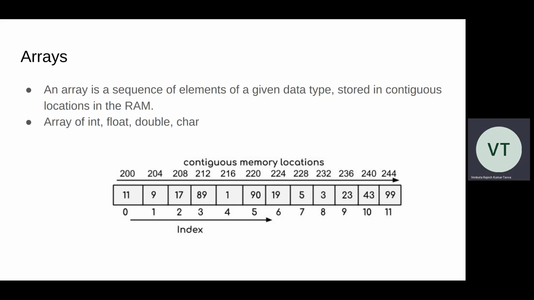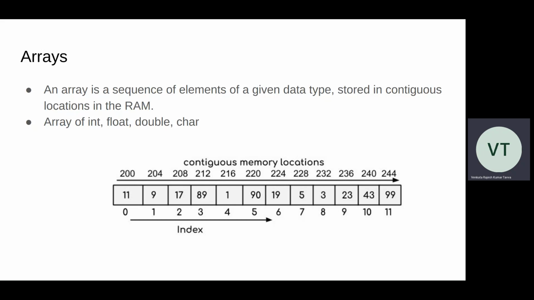Fine. Now in this image, you can see some numbers. Okay. So this is the array. So there are some elements in this array, right? Like 11, 9, 17, 89, so on. Now these numbers which you see, this is called index. Like I have to say, what is the first element, what is the sixth element, what is the 10th element, something like that I should say. So that indexing is given by these numbers.